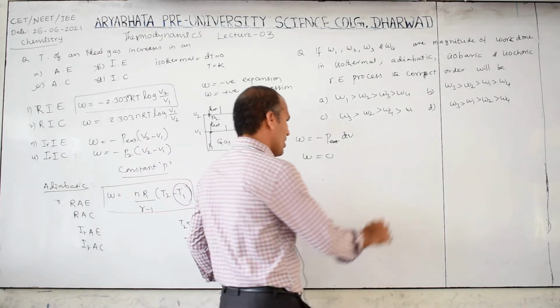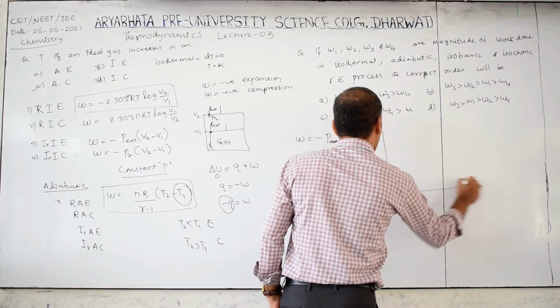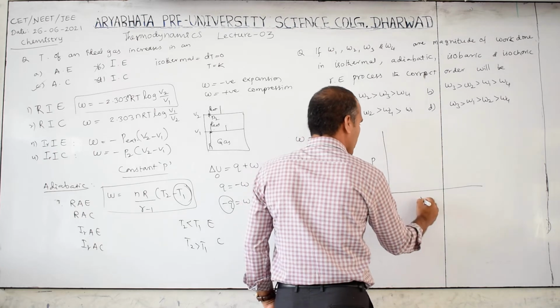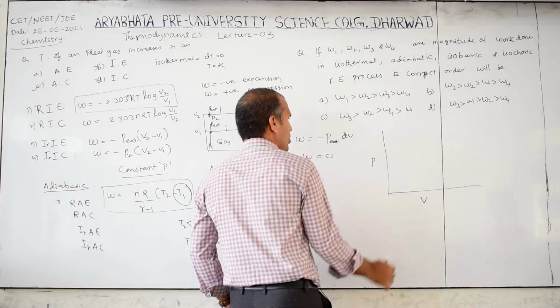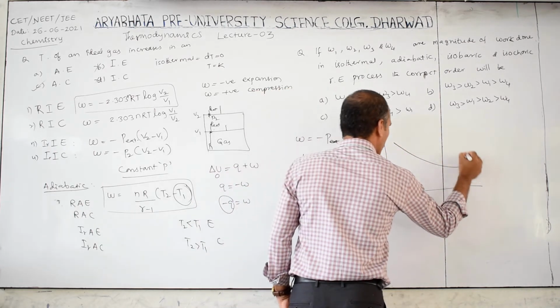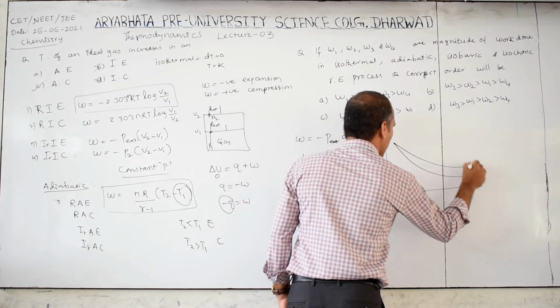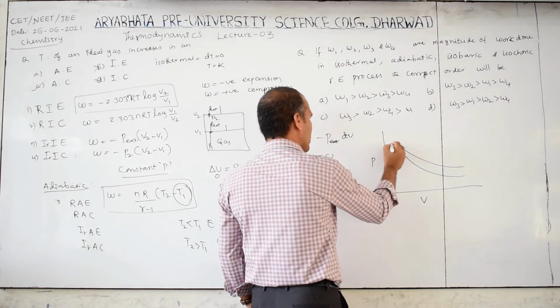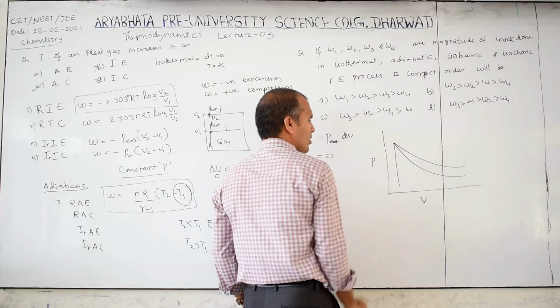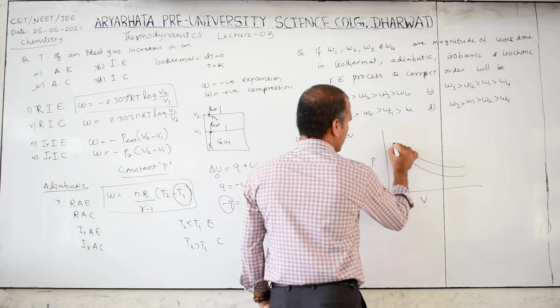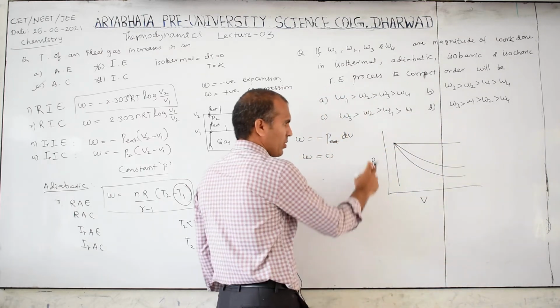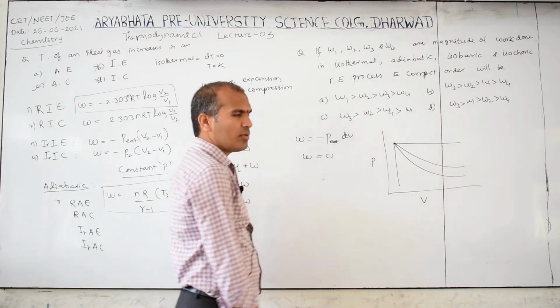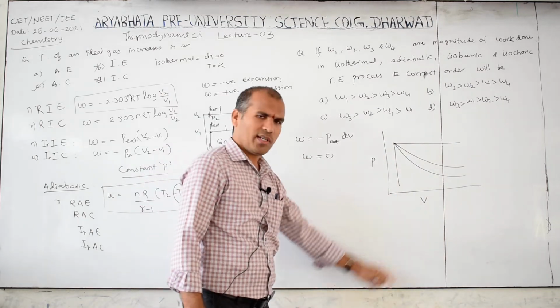Therefore, they may ask the question like that. This is pressure, this is volume. Then you know that this is isothermal, this is adiabatic, this is isochoric because volume is constant, and this is isobaric because pressure is constant. So this is the pressure-volume graph.